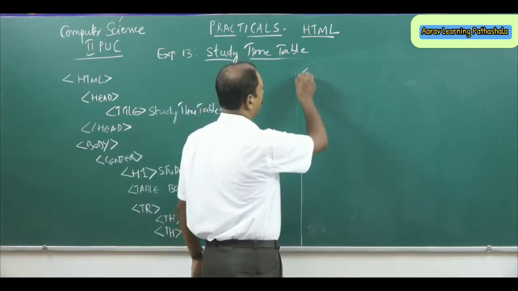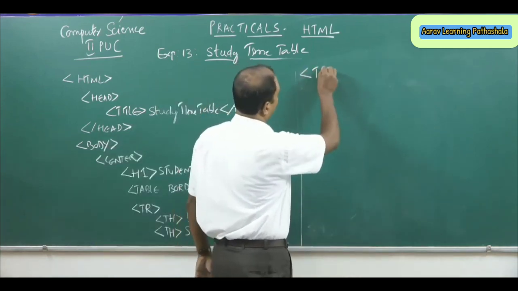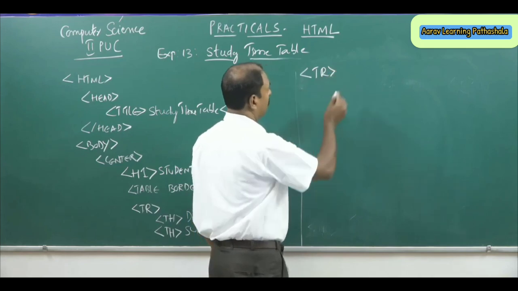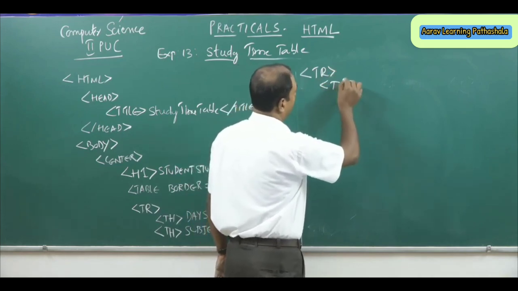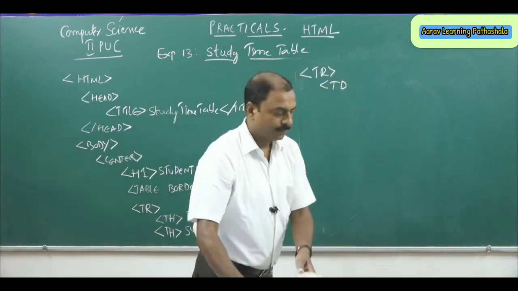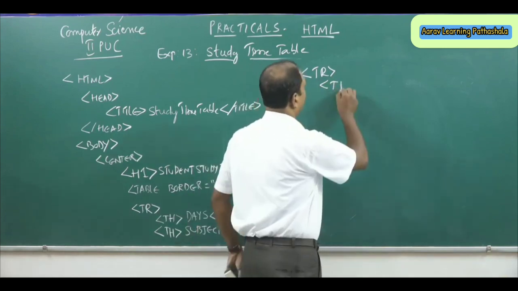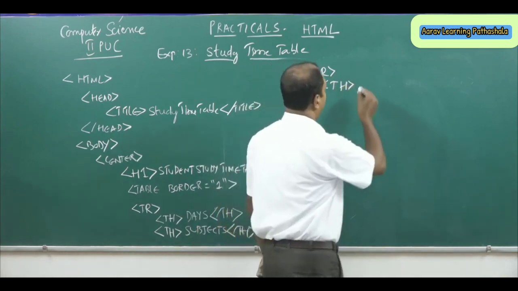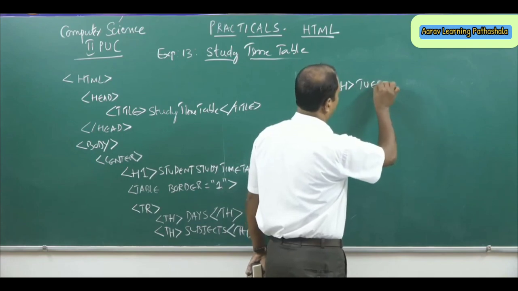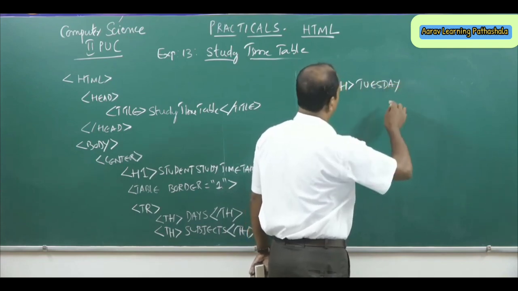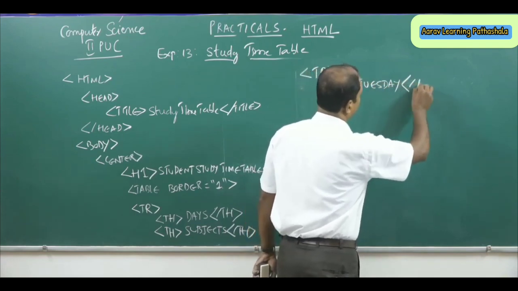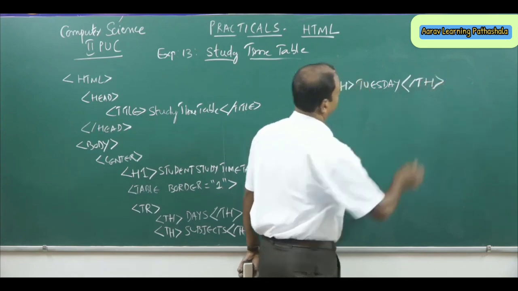One more row, that is for Tuesday, that is the tr row. Here is td, this is th, and here we can write Tuesday. This is Tuesday and I am closing this th tag here.